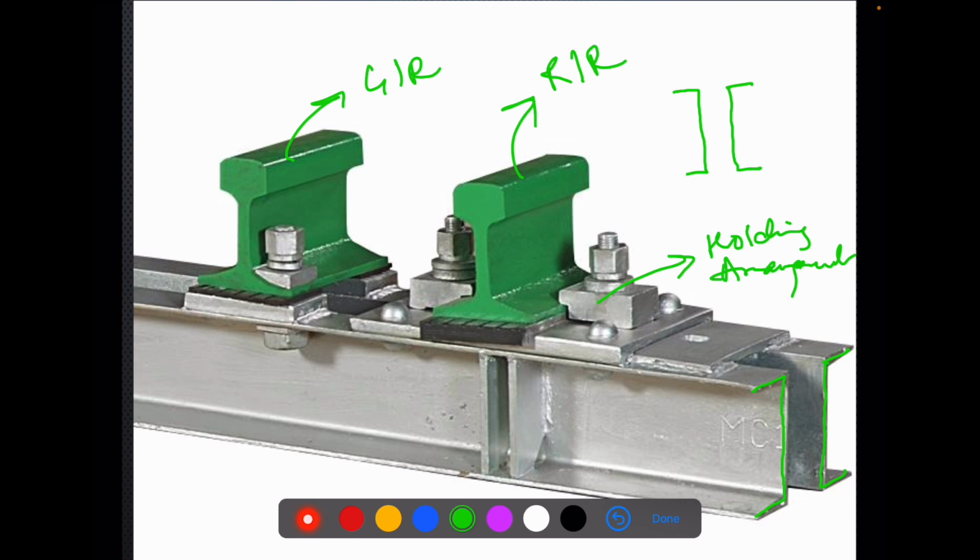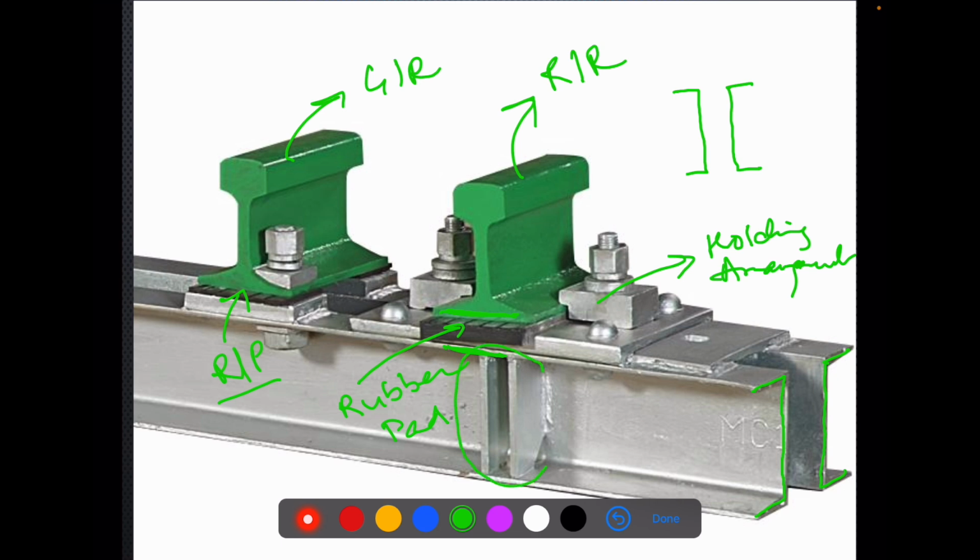And if we look carefully, we can see rubber pad placed between the foot of the rail. This is foot of the rail and the steel channel sleeper. And there is a smaller rubber pad which is also provided below the guardrail to avoid metal to metal contact.